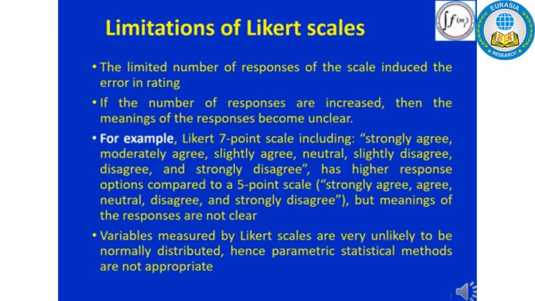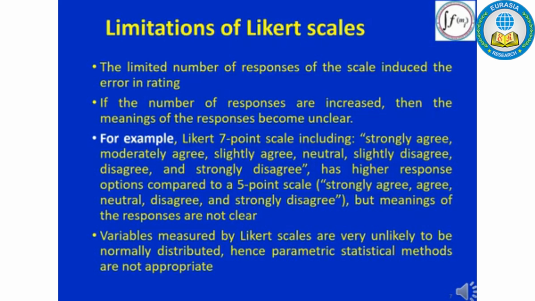If we increase the number of options, like the Likert 7-point scale, including strongly agree, moderately agree, slightly agree likewise, it has higher response options compared to the 5-point scale, but the meaning is not clear. Like when we say slightly agree and moderately agree, what does it clearly mean? The rater will get confused. So the rule of a good measurement scale is it should have higher response options, a neutral point, and the meanings of the anchors should be clearly identified.